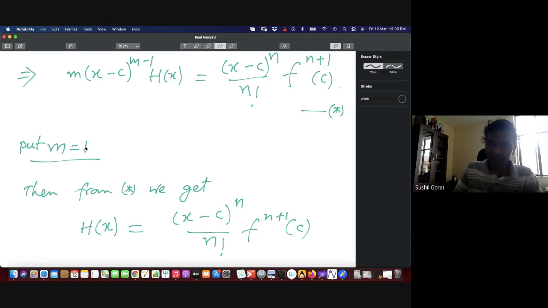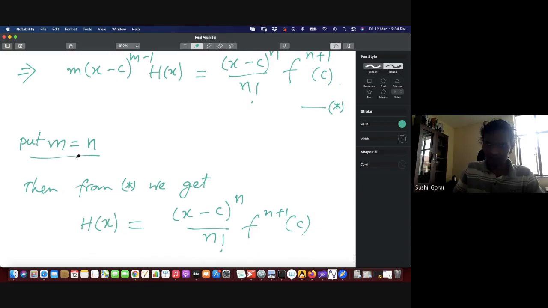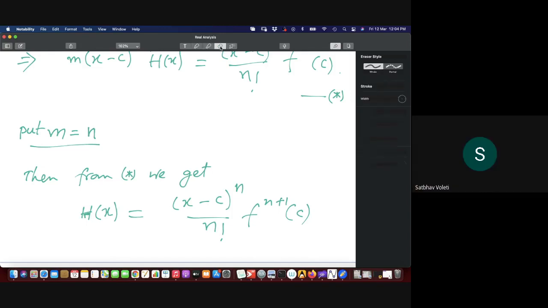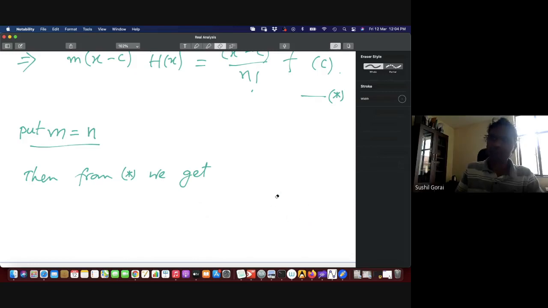So put first m equal to n. We'll get Lagrange's form here. So then from star what we'll get? M equal to n. So we get. Shouldn't it be n plus 1 to get the Lagrange's form? Because then we will get in the denominator n plus 1 factorial. Oh yes.